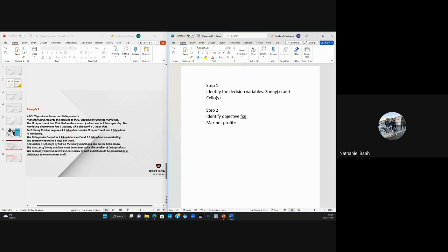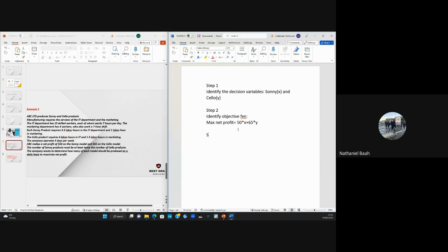ABC makes a net profit of 50 on Sony, so that would be 50 multiplied by the Sony, which we represent by X, plus 65 multiplied by our Cello, which we represented by Y. So we are looking out for ways to maximize this net profit. So this is our objective function. Great.